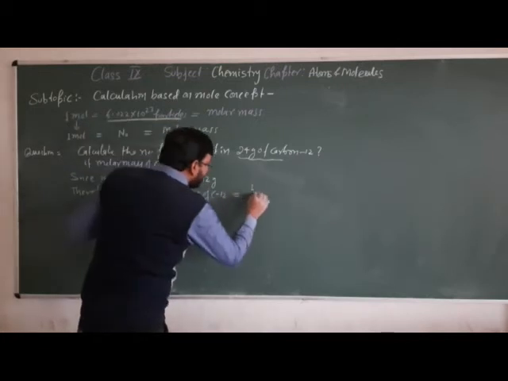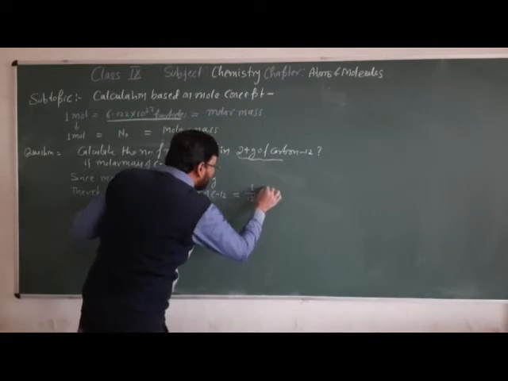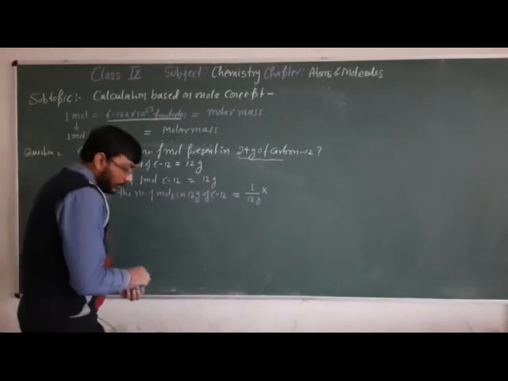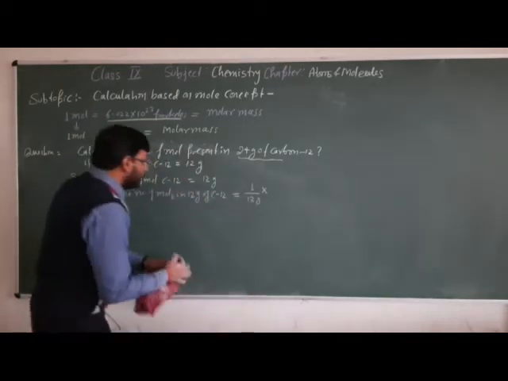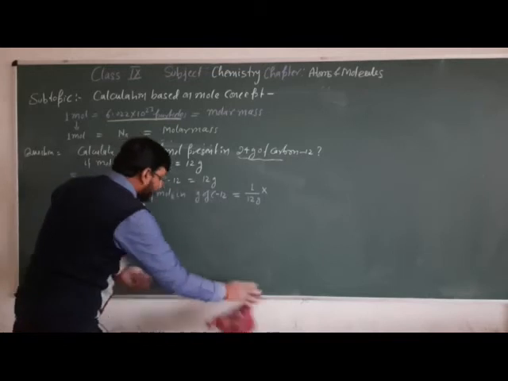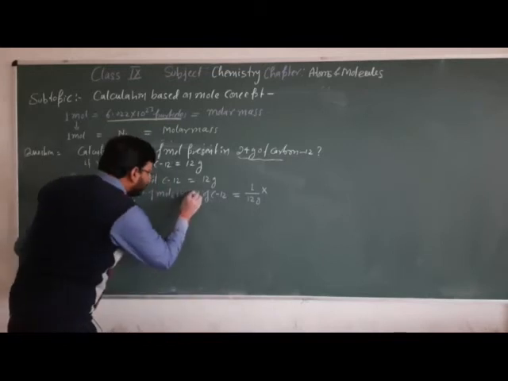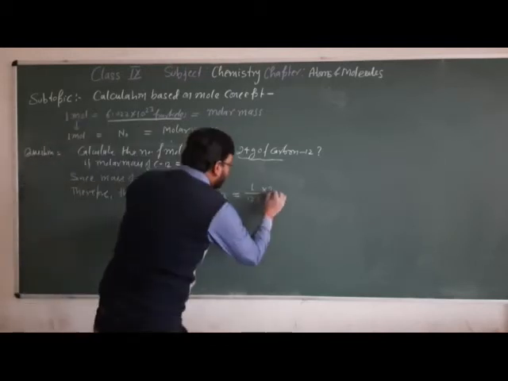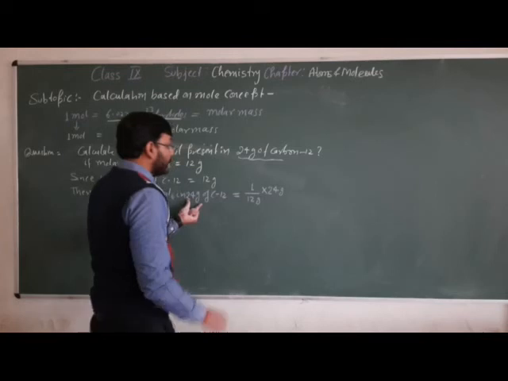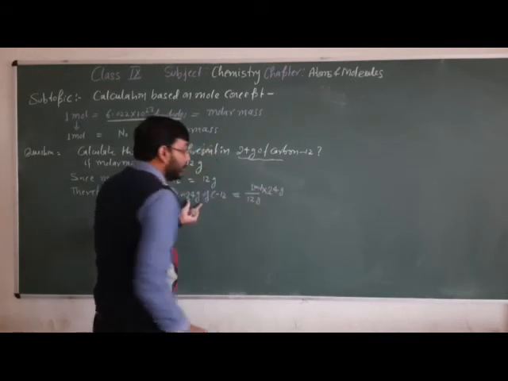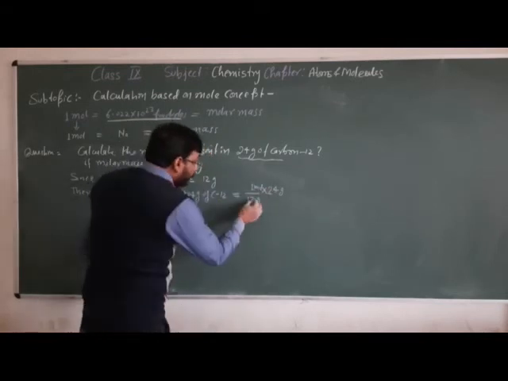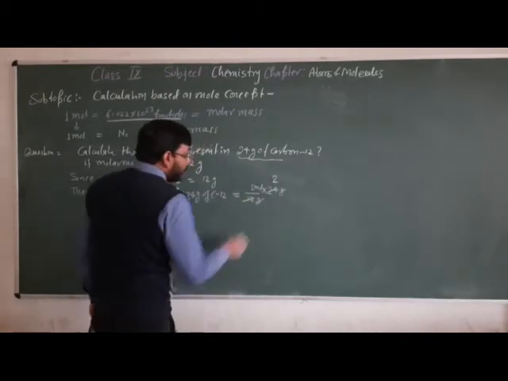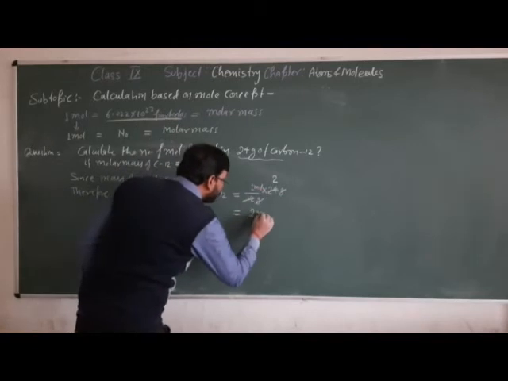So 1 divided by 12 gram, then multiply by, sorry, I made a mistake here. Sorry, 24 gram, right? We need to find the number of moles in 24 gram, so multiply by 24 gram. This is 1 mole. Clear? Now 12 twos are 24, grams cancel, 2 into 1, we get 2 mole.